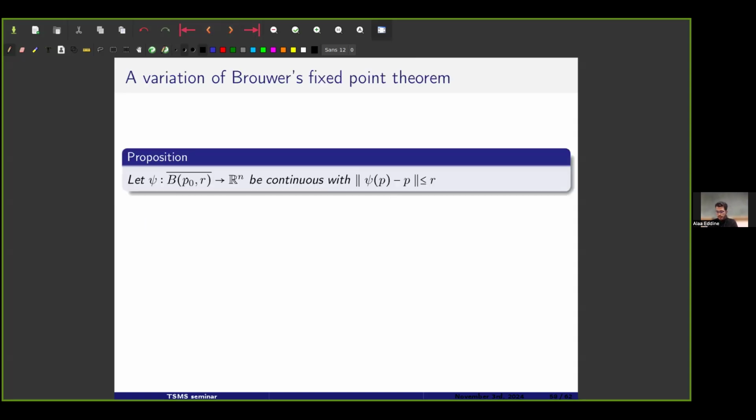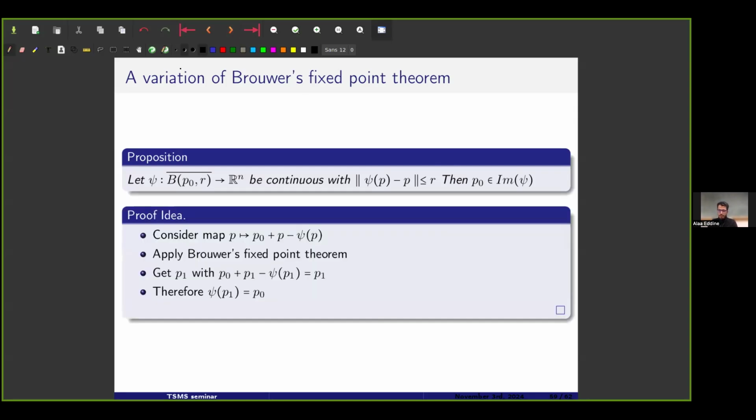So let me explain first of all what is this variation of Brouwer's fixed point theorem. So if you take a closed ball centered at some point P0 and of radius r in Rn, and you take a continuous map from this closed ball to Rn, and you just impose the condition that the distance between any point and its image is less than the radius r, then the conclusion will be that the center will be in the image.